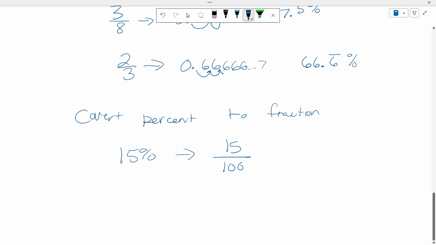You put it over 100 when you have a percent. Now we're going to reduce our fraction. What's the easy way I taught you to reduce a fraction? Put it in the calculator. 15 a, b over c, 100. And then you get 3 over 20.